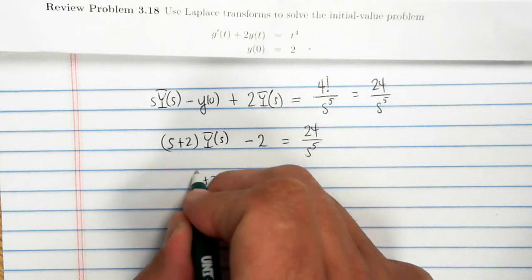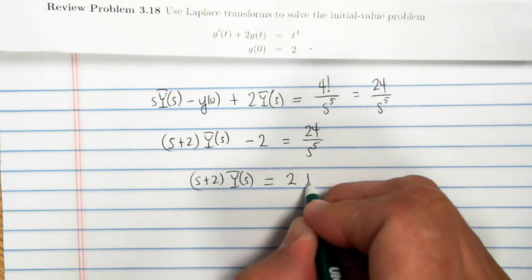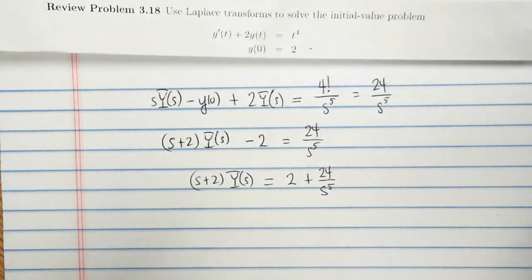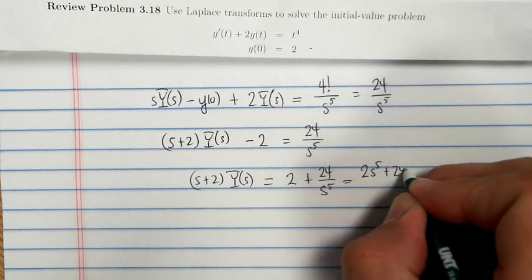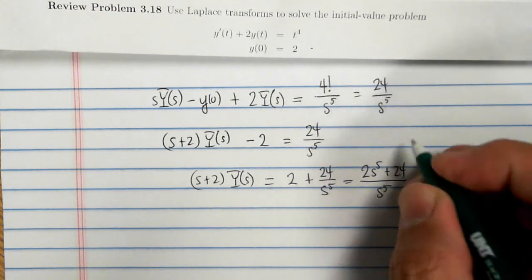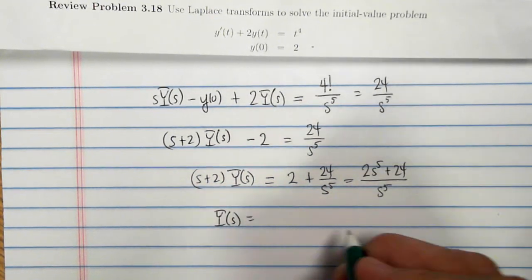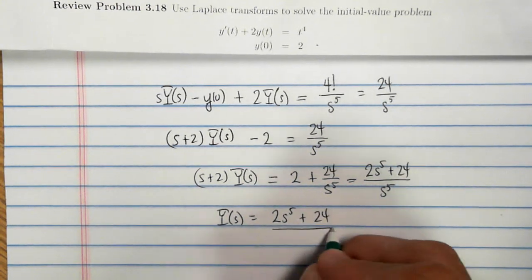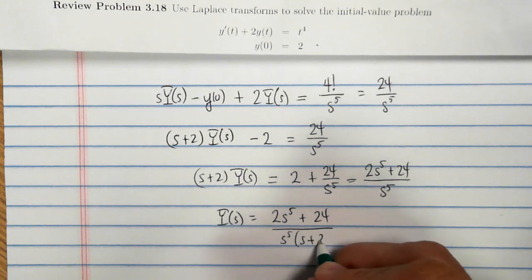So s plus 2 times y of s is equal to 2 plus 24 over s to the fifth, or 2 times s to the fifth plus 24 over s to the fifth, so that y of s is equal to 2s to the fifth plus 24 over s to the fifth times s plus 2.